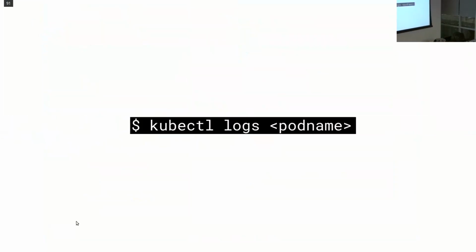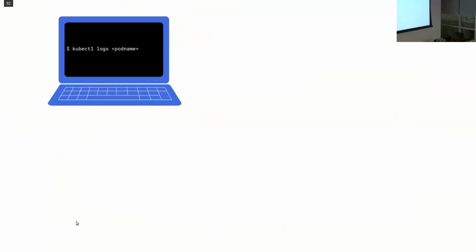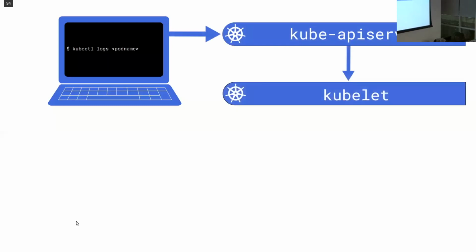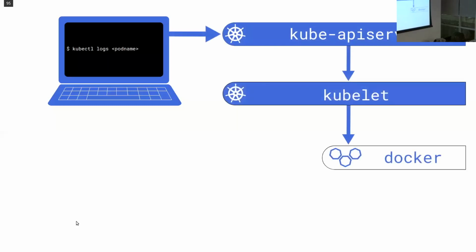We'll talk about logs. So we can use kubectl to get logs from pods actively. You be your developer on your machine. You can say, I want to get logs from a specific pod. It's going to talk to the API server. It's going to reach out to the kubelet. The kubelet's going to reach out to Docker, and it has to be Docker. That's the downside of Rocket. It's no long-running daemon, no connections into your containers. In fact, getting logs at all is kind of a pain because everything just goes to serial ports or serial sockets.